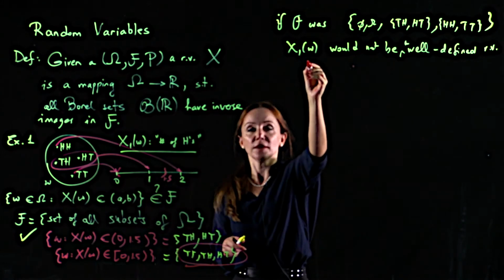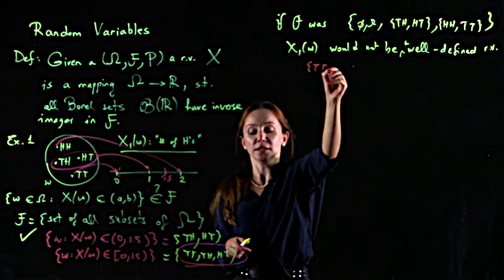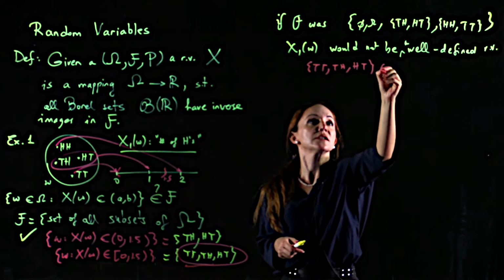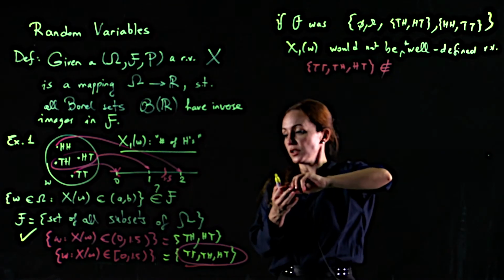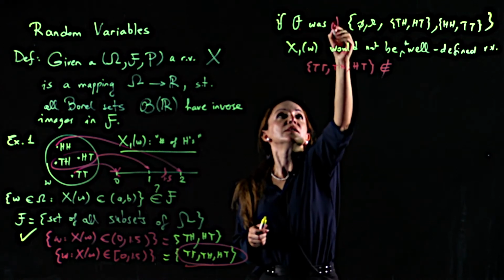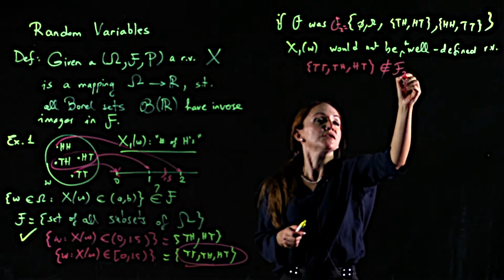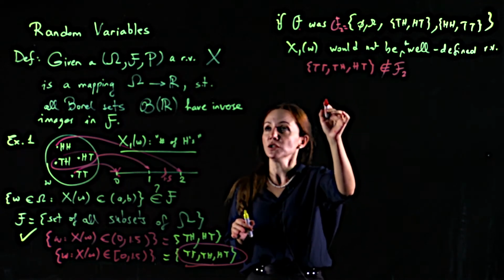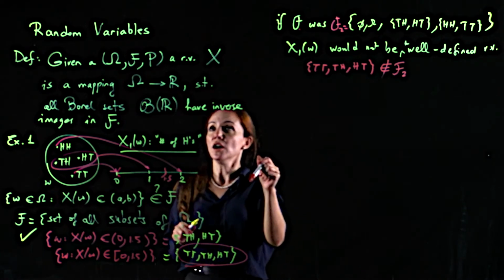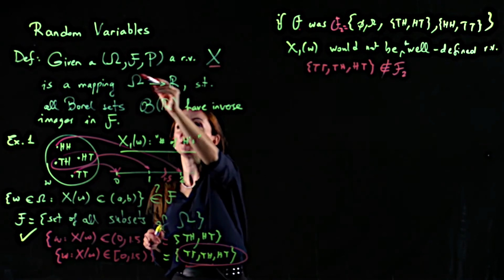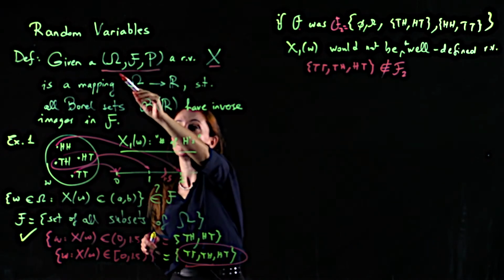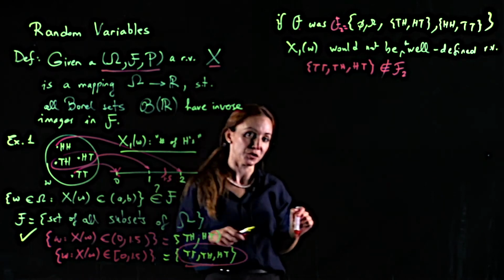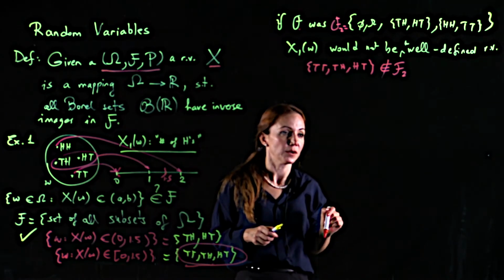So the event TT, TH, HT is not in, let's call this F2, is not in F2. I gave this example just to illustrate that a random variable is defined with respect to a probability space, which comes with not only the sample space, but the sigma algebra associated with that sample space.